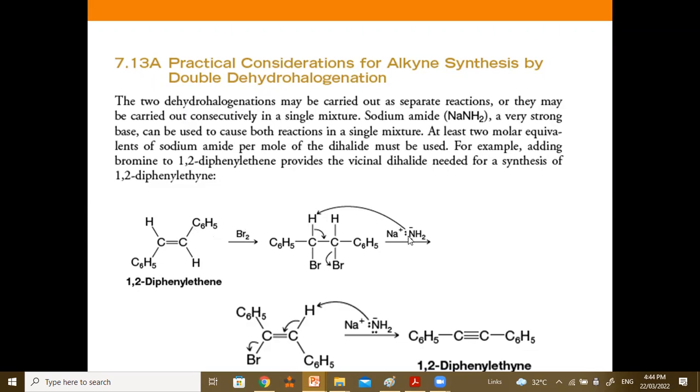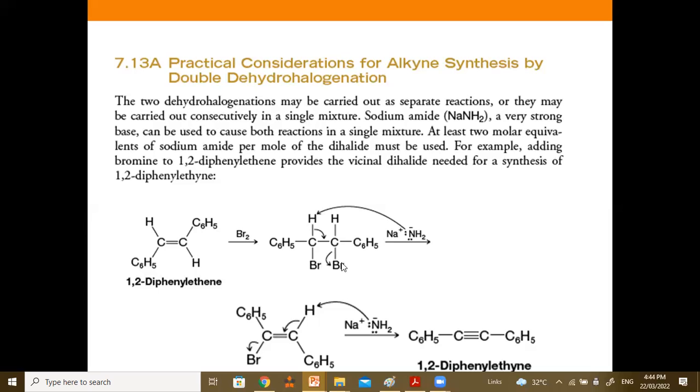And after that, we have a strong base like sodium amide, NH2, which can abstract the proton here, okay, and the electrons from the carbon-hydrogen bond will go to form the double bond, and bromine will be eliminated here, will leave.